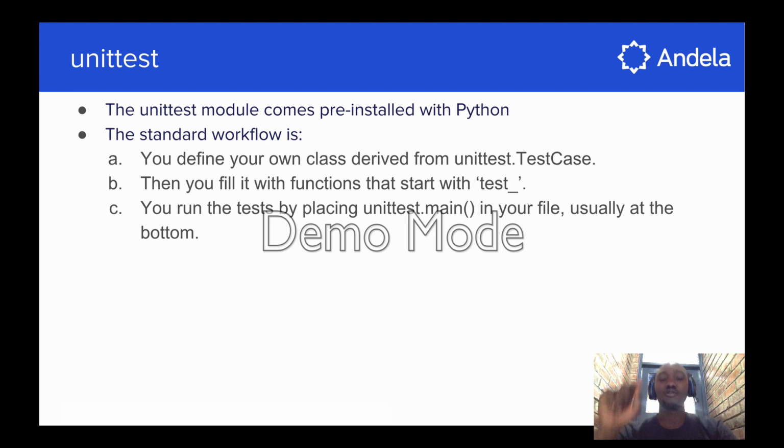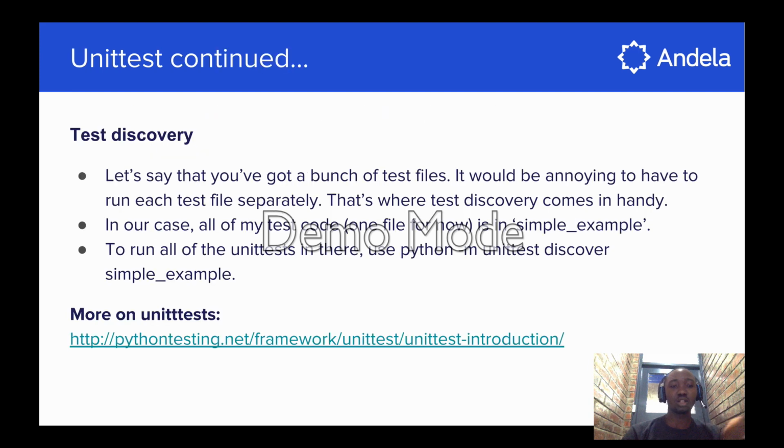So if you are testing user login, you need to write test_user_login. At the end of your test, just put unittest.main, the same way we use app.run, to show that this is the main file.